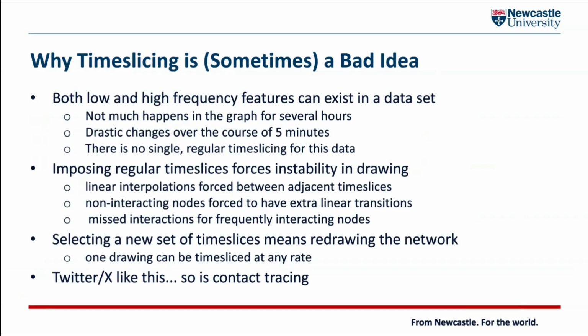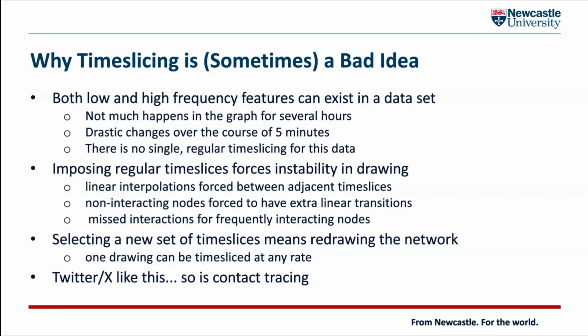So for example, you could have a situation where you have a topic and there's hardly any activity about it. Donald Trump said something, everything explodes, and there's a whole bunch of activity. In that case, you don't want a lot of time slices before Donald Trump says something, but you do want a lot later. That can't be done with regular time slices.